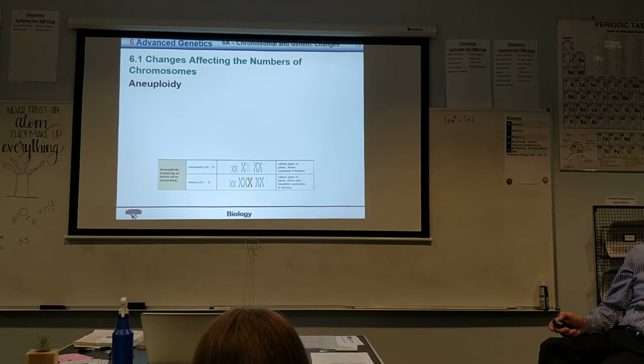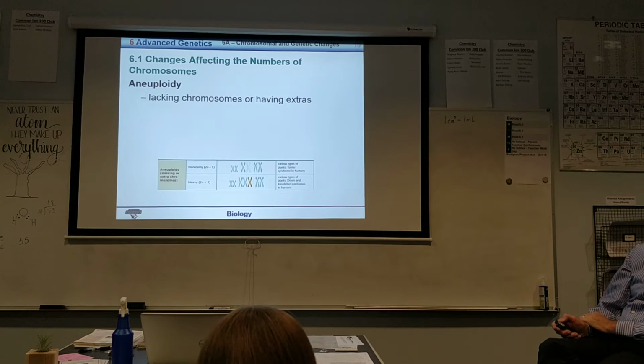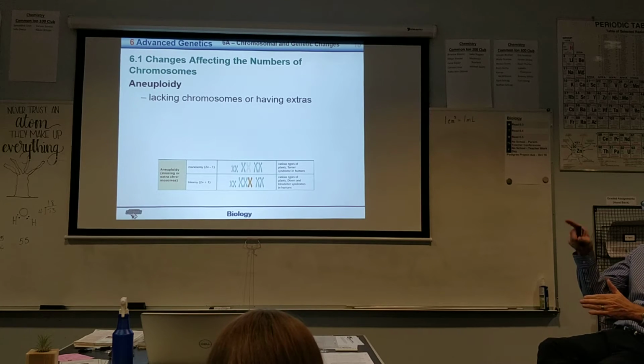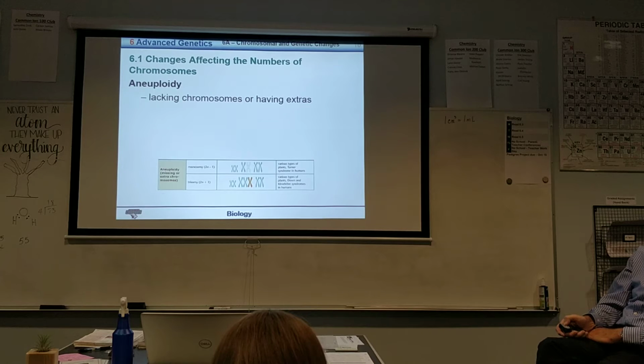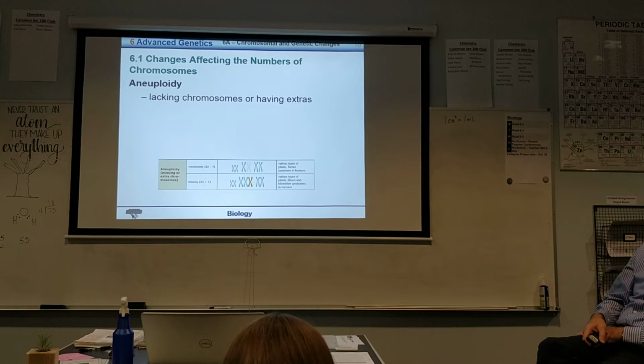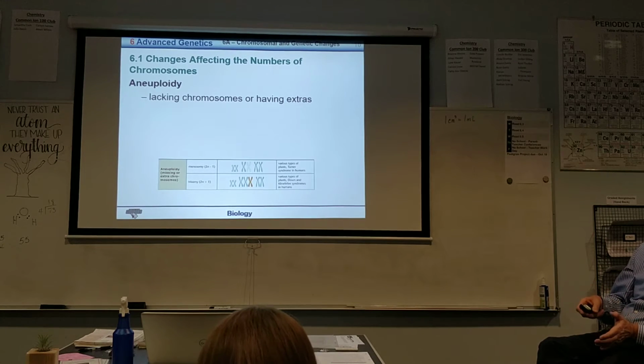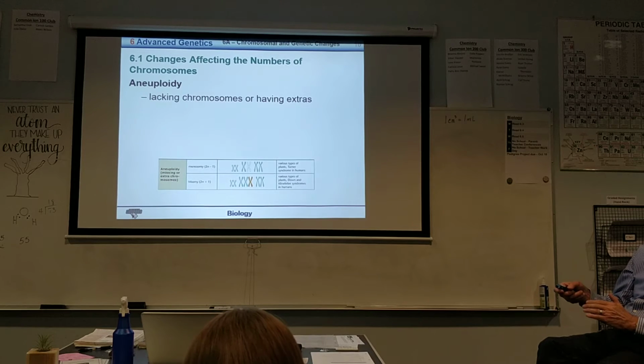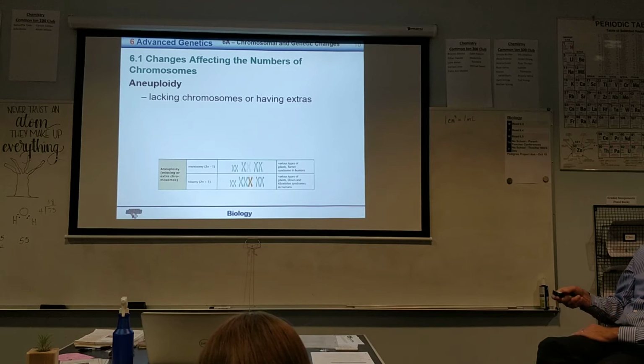Now, aneuploidy is where you're lacking some chromosomes, or you have some extra chromosomes. And here are a couple examples of syndromes that have either more extra chromosomes or they lack some chromosomes.